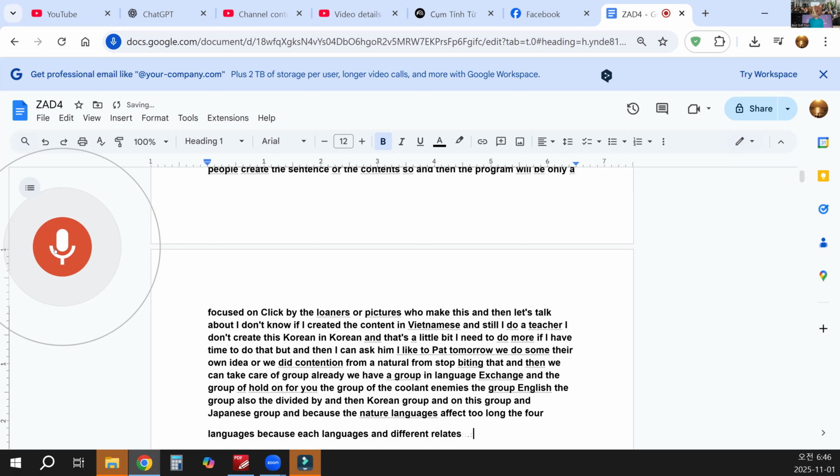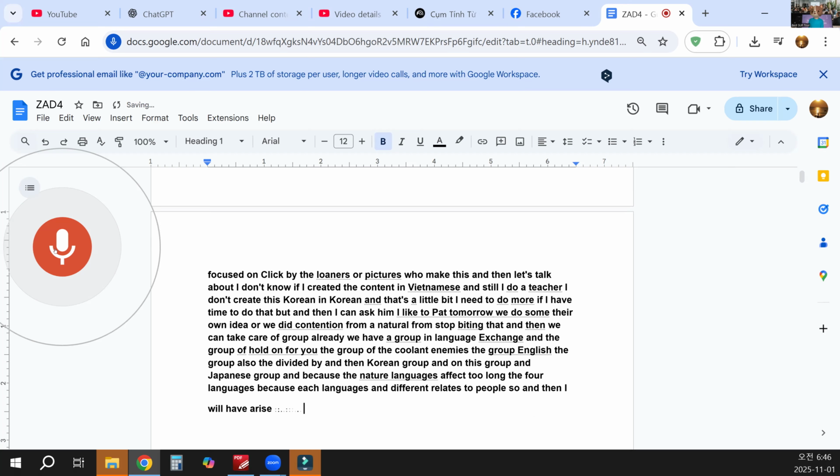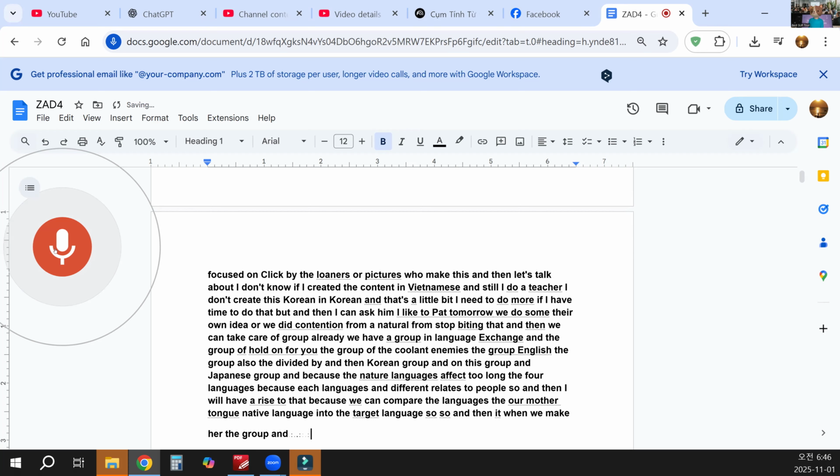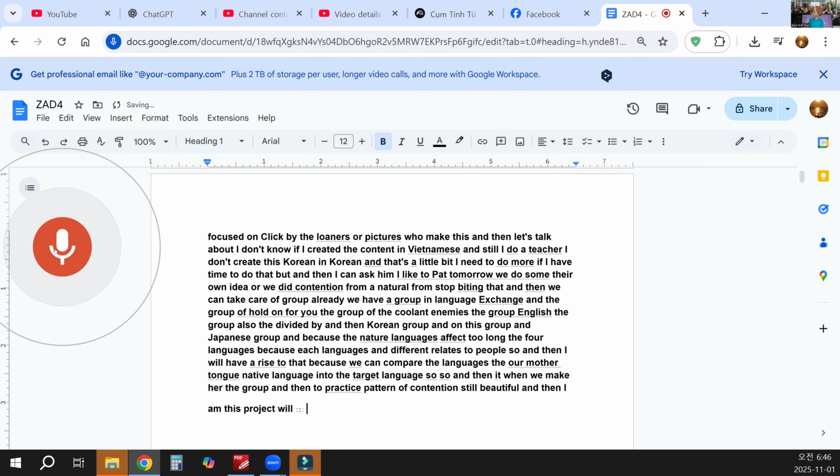So we categorize them that way, because we can compare our mother tongue, our native language, to the target languages. When we make the groups and create this pattern of contents from NotebookLM, it is still useful, and this project will be successful in learning foreign languages as well.